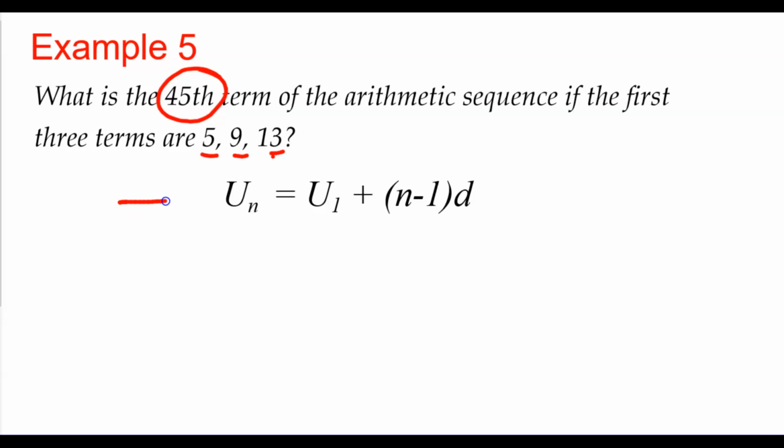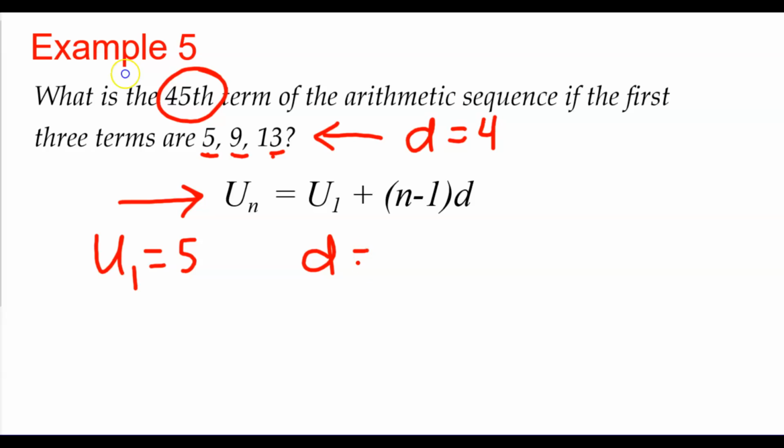But because we now have an explicit formula, we can use the fact that we know the first term is 5 from the sequence. We can quickly look at this sequence and see that to get from 5 to 9 and 9 to 13, the common difference is 4. So the common difference is 4.